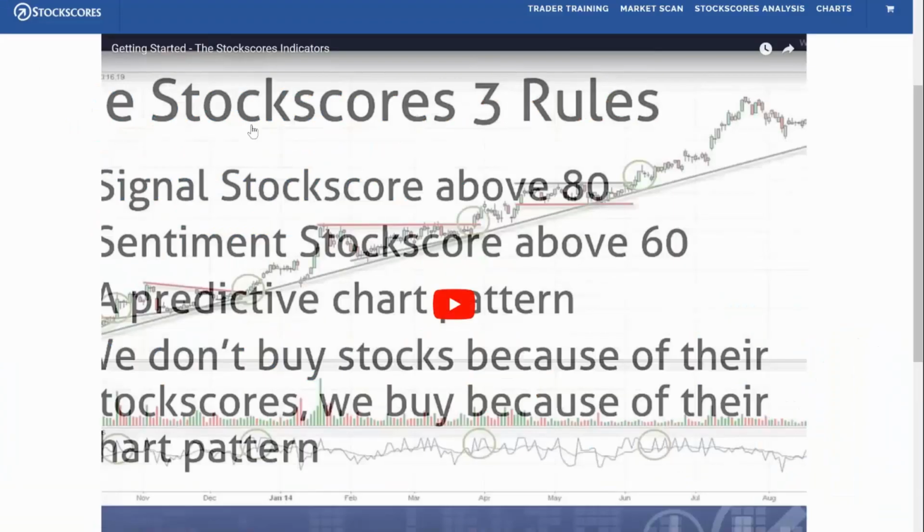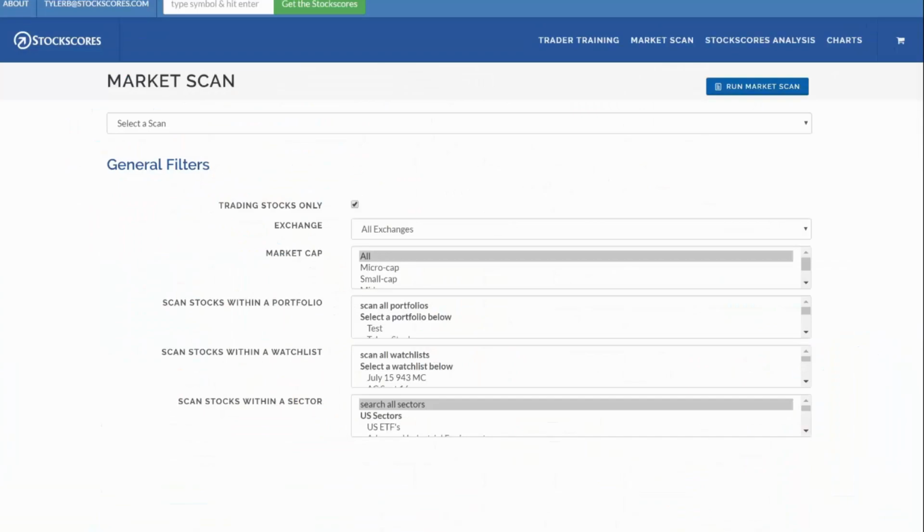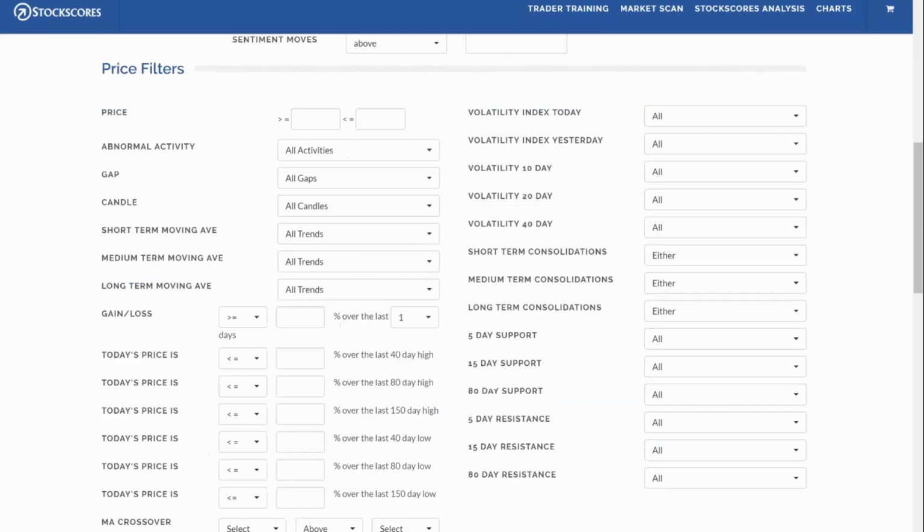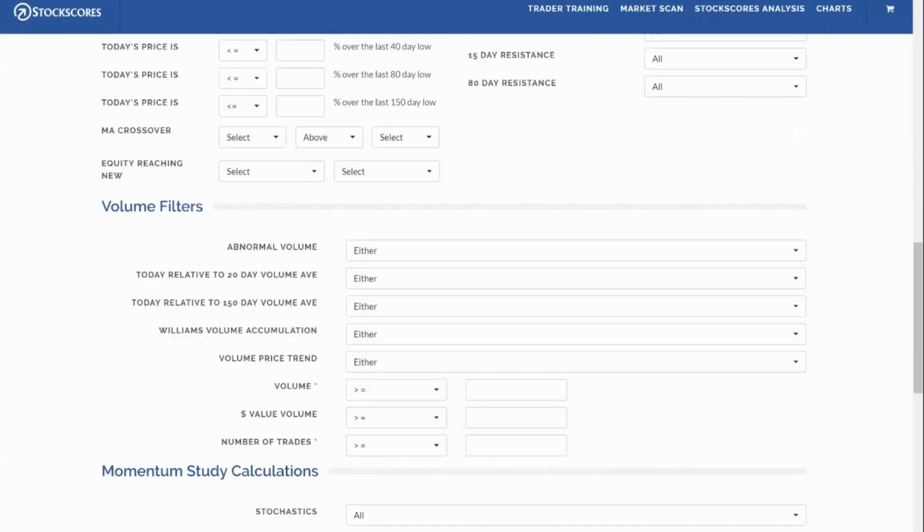So let's jump back to the Stockscores website, go to the Market Scan tool, and here you will see lots of different filters. There's, I don't know, 40 or 50 of them here. I'm not going to go into most of them simply because most of them aren't really ones that I use a lot.